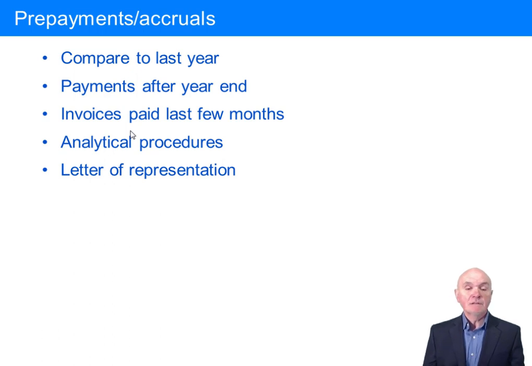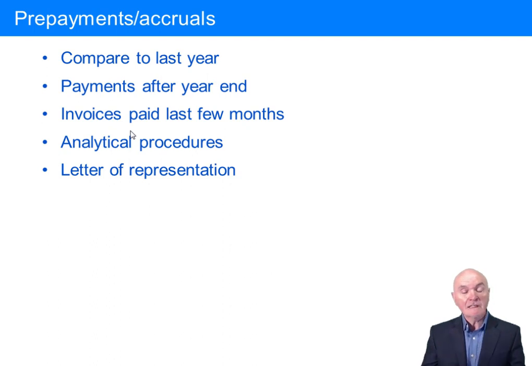And finally, there's something called a letter of representation, which we haven't talked about yet. We talked earlier about a management letter. That is a letter which goes from the auditors to management, pointing out areas of weakness in the system of internal control. This is quite different. This is a letter which is really in a way dictated.